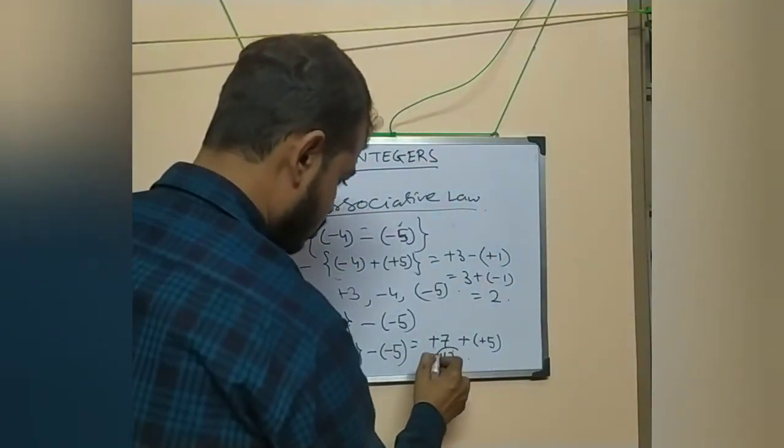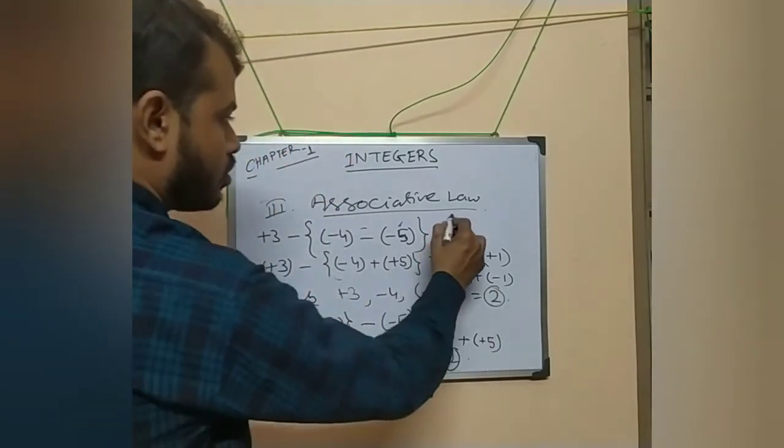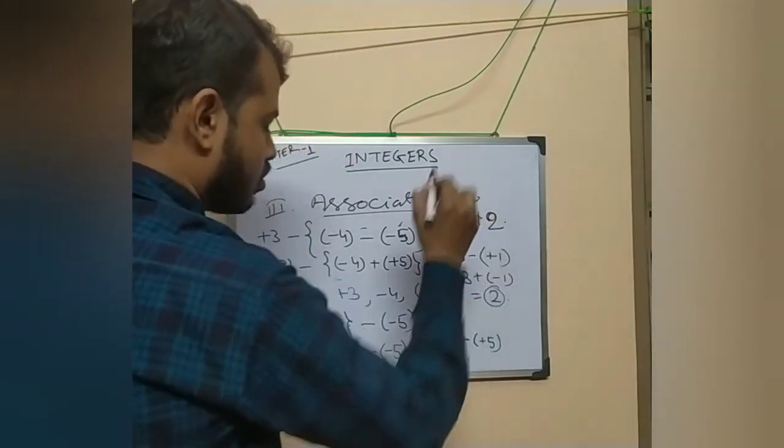Now this is 12 and this is 2, this is also not equal.